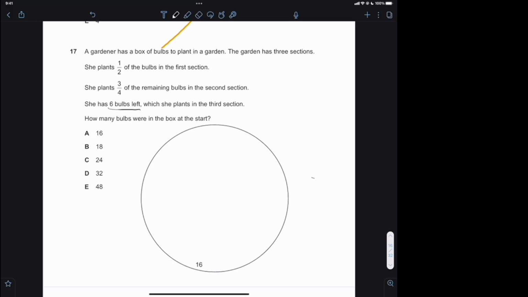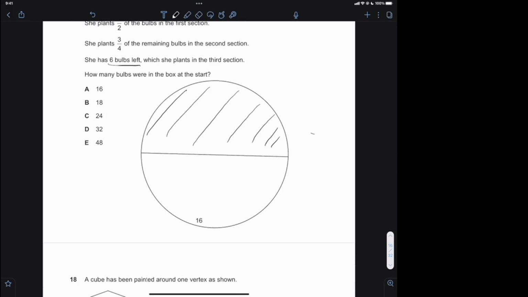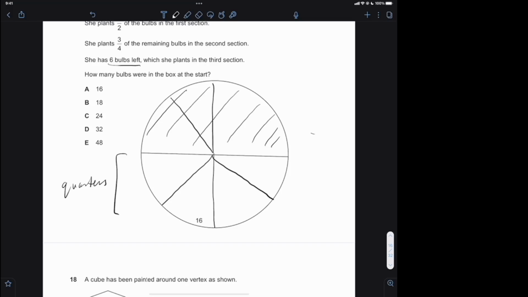So let's have a look at this circle. Half the bulbs were used in this first section, so half of them are gone. Now, she said 3/4 of the remaining bulbs. The remaining here is a half, and if we divide this into quarters, we're really dividing the whole circle into eighths, because if we replicate the same size of sections, we'd have eighths, okay?